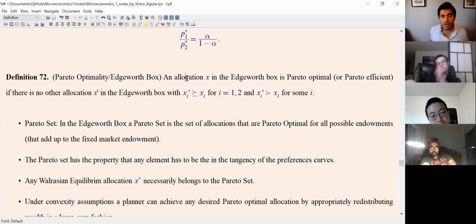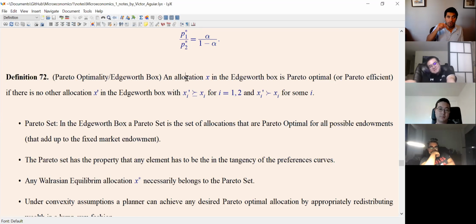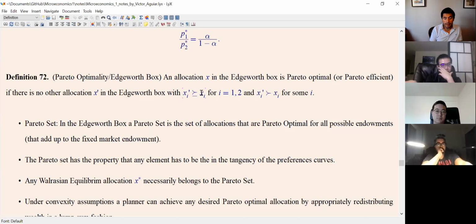And then they can achieve basically an efficient outcome. An efficient outcome is basically described in the following way by using Pareto optimality. So we say an allocation X in the Edgeworth box is Pareto optimal or Pareto efficient if there is no other allocation X prime in this same Edgeworth box, such that X_i prime is greater than or equal to X_i for all i, right?